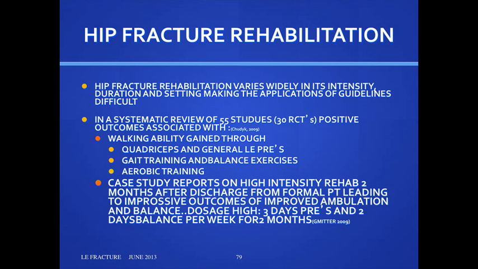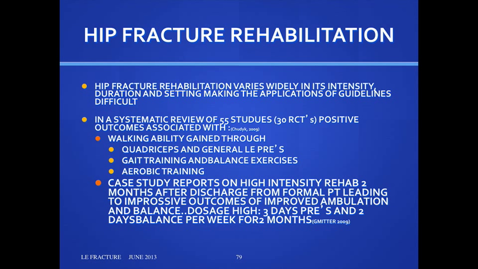In a systematic review of 55 studies, positive outcomes are associated with quadriceps strength, balance exercises, and light aerobic training. Okay. And later on, another case study reported that high-intensity rehab 2 months after discharge from formal PT led to improved outcomes of ambulation and balance.